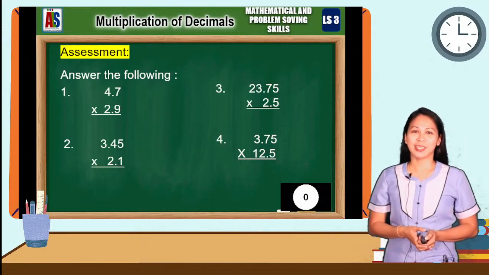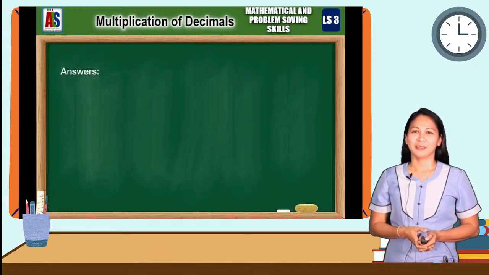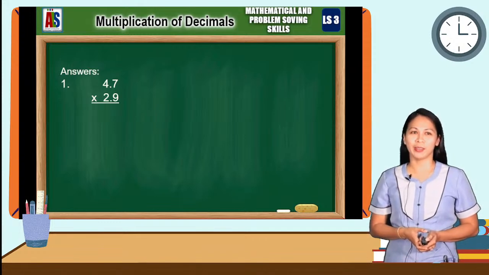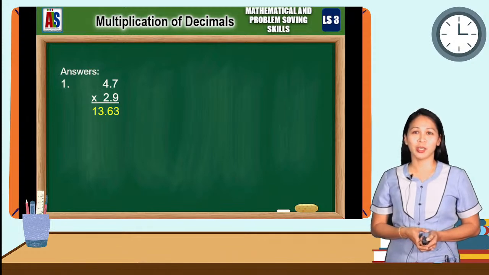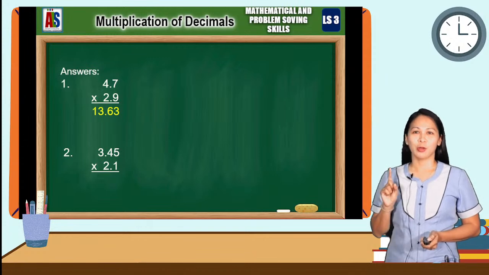Now, let's see if your answer is correct. Number 1. 4.7 times 2.9. If your answer is 13.63, you are correct. Number 2. 3.45 times 2.1.